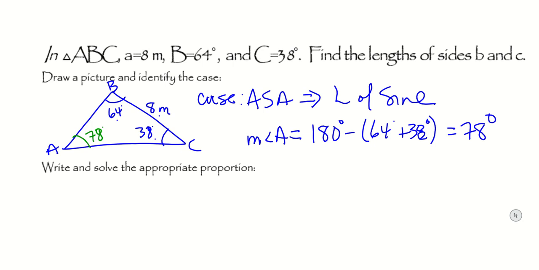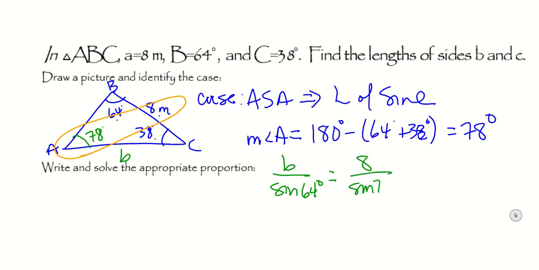And then I can set up my ratio using side A with angle A. So if I'm going to find side B, then I would say B is to the sine of 64, angle B, here's side B opposite angle B, as 8 is to the sine of 78.